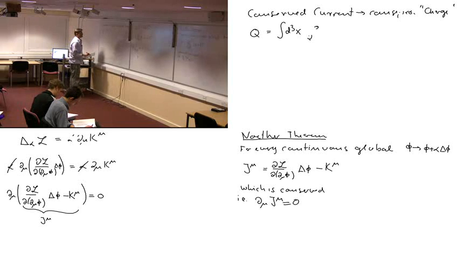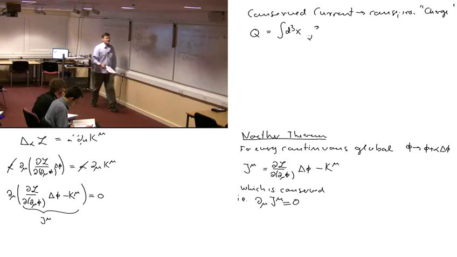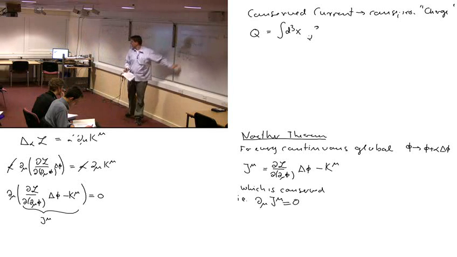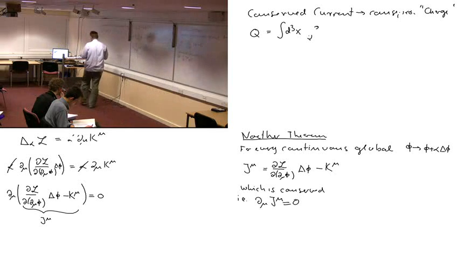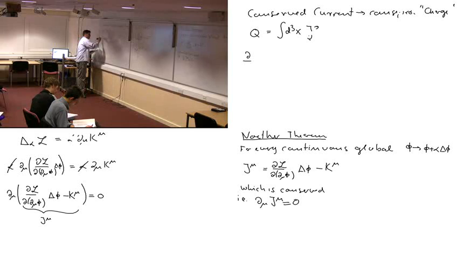But now let us convince ourselves that this quantity is actually conserved if J is this appropriate conserved current. How do we do that? Well, let's simply take the time derivative of this charge over here.